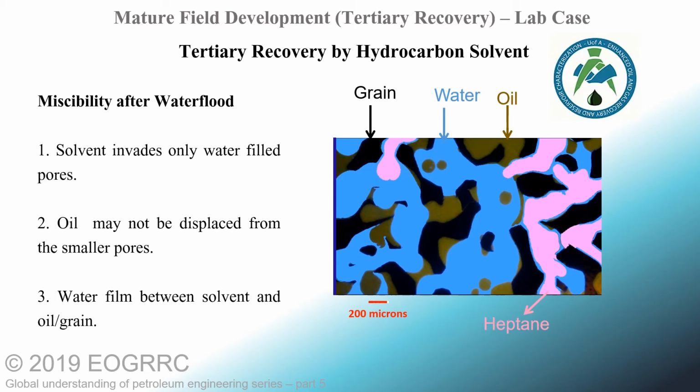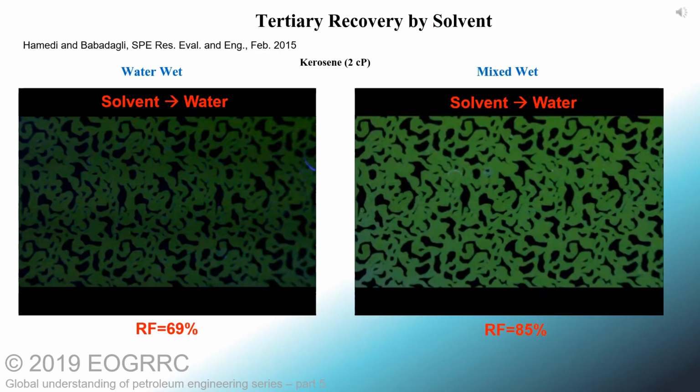As seen from the microscopic images of earlier studies, it is highly critical to determine the sequence of water and solvent injection, and the sequence is determined by the wettability of medium. In a water-wet medium, recovery efficiency is not high. When solvent is injected first, followed by water, water displacement efficiency is not as good as the mixed wet case.